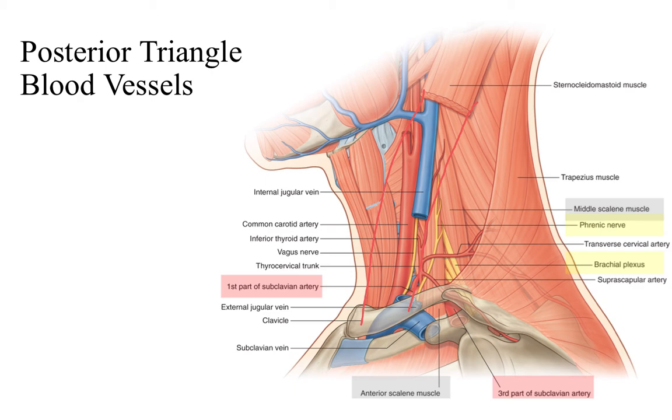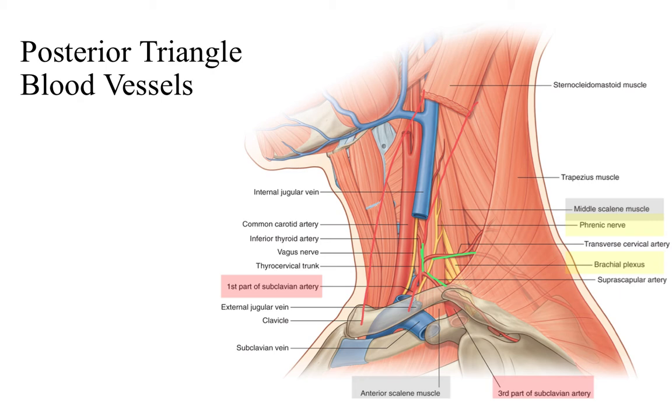But what we can see in the posterior triangle are branches coming off of the subclavian artery, such as the transverse cervical artery right here, as well as the suprascapular artery and the thyrocervical trunk right here.